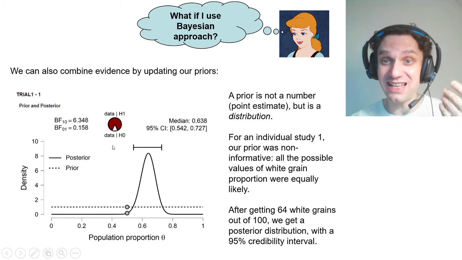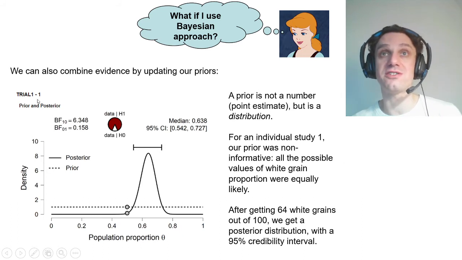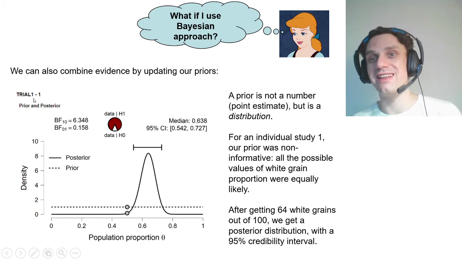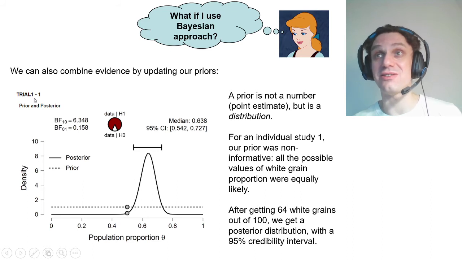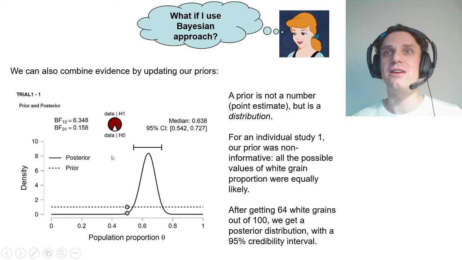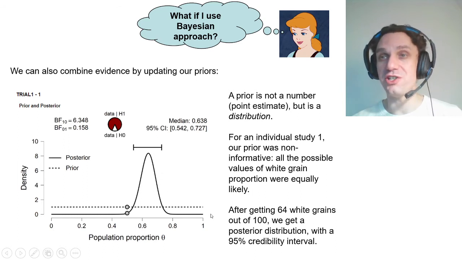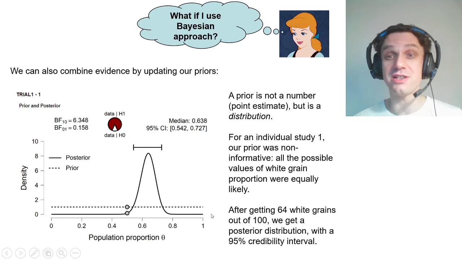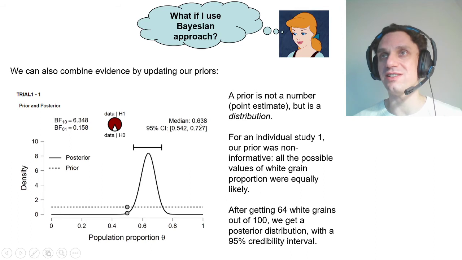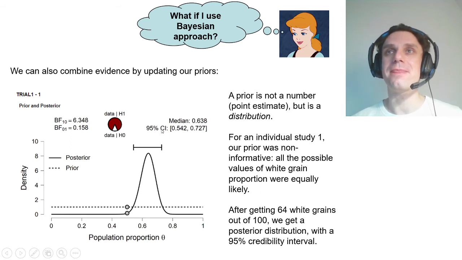incorporating the data from this first trial, where we got 64 white grains out of 100, we get this posterior distribution, the distribution which combines prior information and the data. And the median of this posterior distribution is kind of 0.64. And there is also a credibility interval.